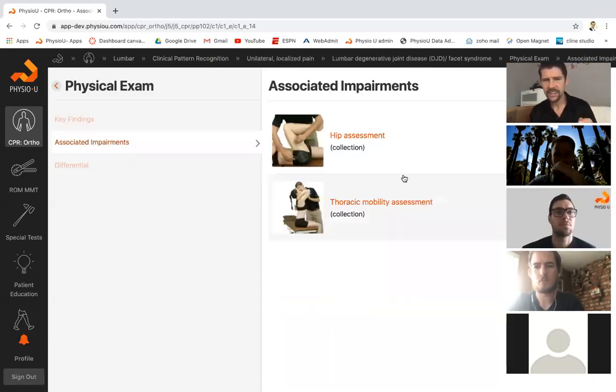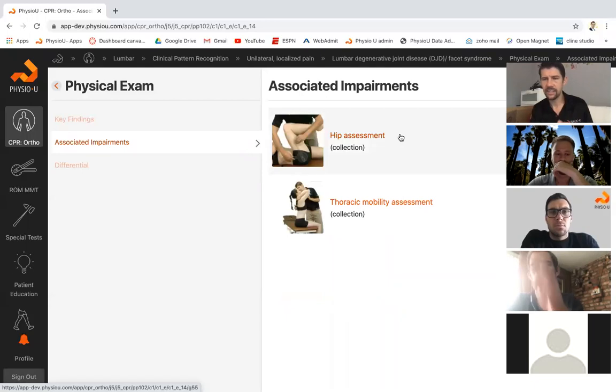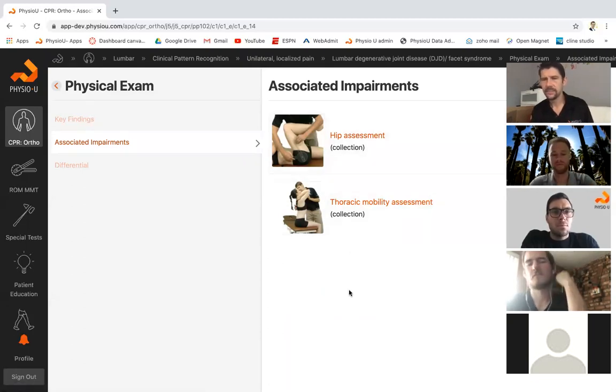Associated impairments, not very many because we'll probably be treating the lumbar. But the research suggests that if someone has a stiff lumbar and a mobility deficit there, they probably have a mobility deficit above and below that might need addressing to take stress off of that painful structure.